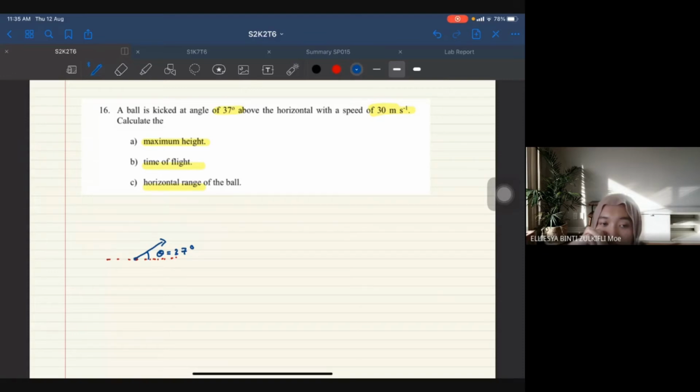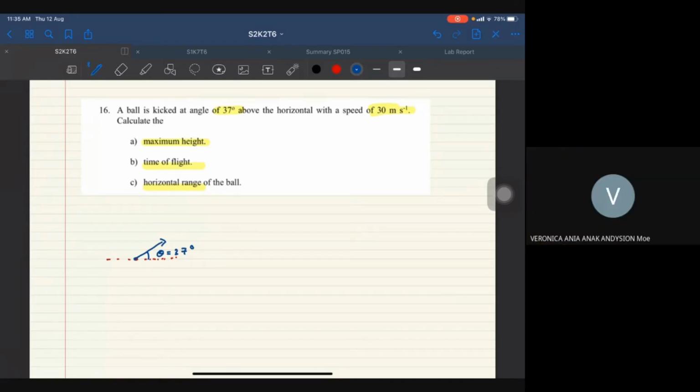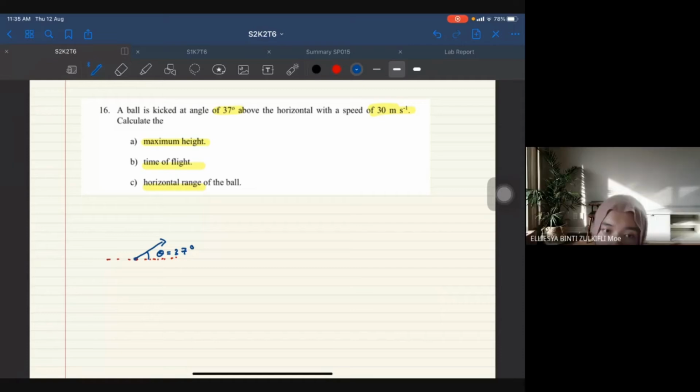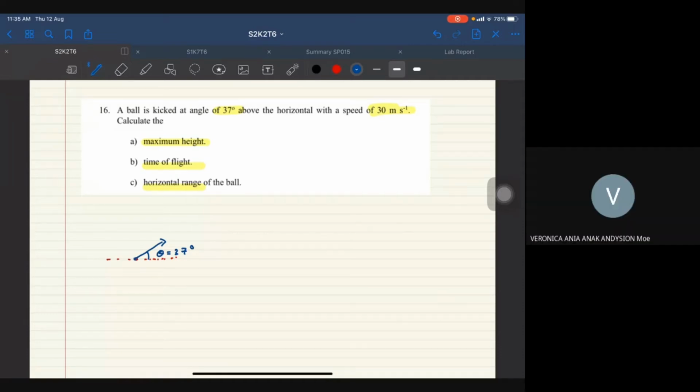Okay, and then dia kata with a speed of 30 meter per second. So 30 meter per second tu, is it U, UX or UY? Which one? UX kan? Tak sure lah, sir. Tak sure, it's okay.